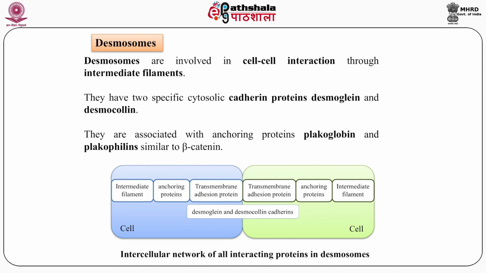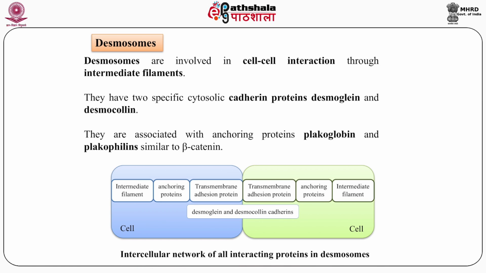Now we have another junction that we call desmosomes. A desmosome consists of a proteinaceous adhesion plaque, which is 15 to 30 nanometers thick, attached to the cytosolic face of the plasma membrane of the adjacent cell and connected by a transmembrane linker protein.